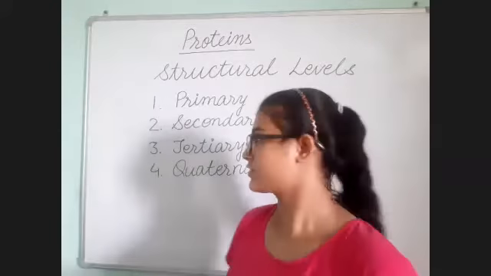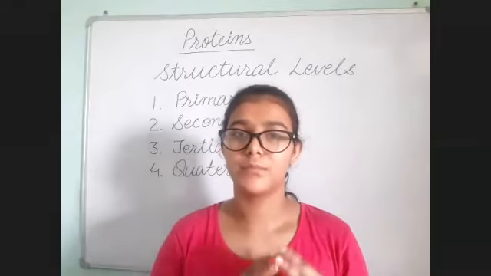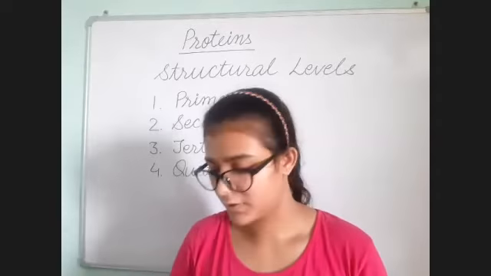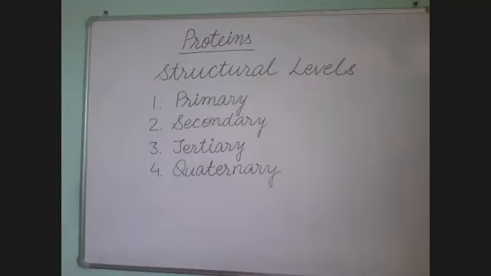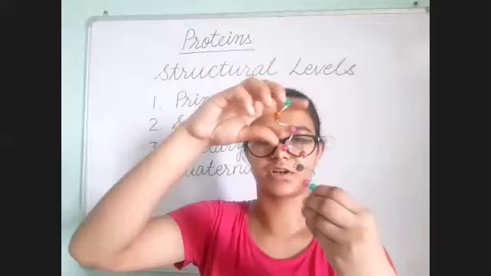Moving on to the next structure, this is the quaternary structure. The quaternary structure is formed when more than one polypeptide chain is arranged in a spherical form, in this way. I'll show you how to make a quaternary structure.